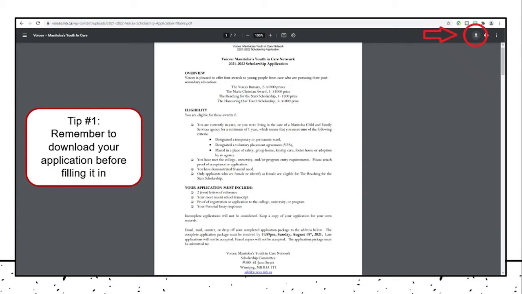If you don't do this and you start filling in the information before downloading it, then nothing will be saved. So be sure to download that application first, save it in your documents or on your computer, on your hard drive, so that when you do fill it in, all the information is there.